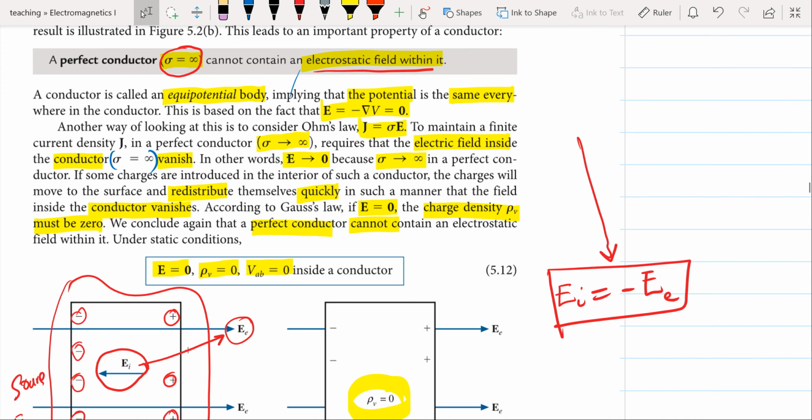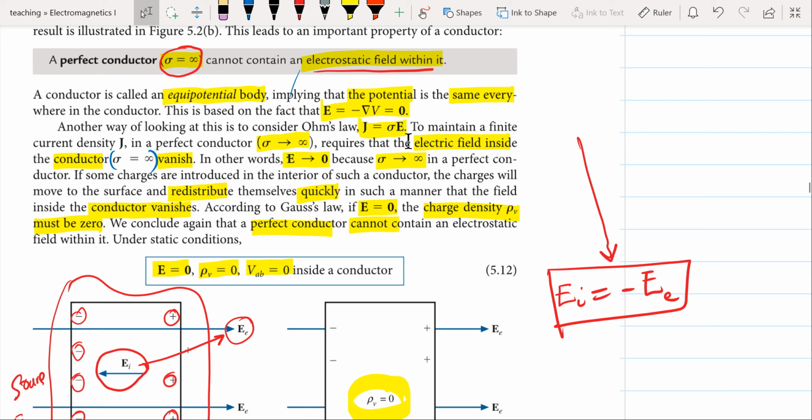And we say that a conductor, therefore, is called an equipotential body, implying that the potential is the same everywhere in the conductor.